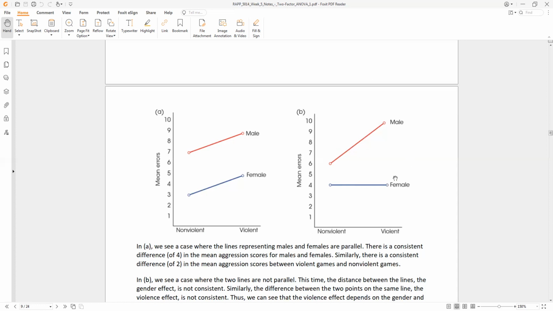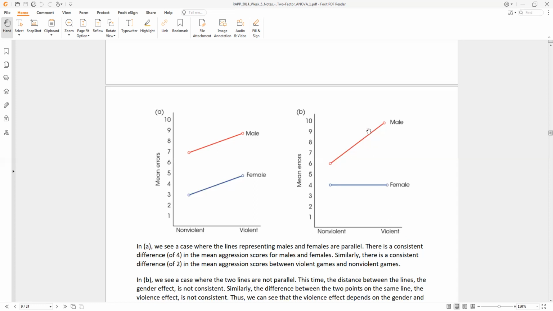In the second example, we do have an interaction. Because if we look at men versus women, yes, men have higher aggression scores than women. And if we look at violence, we can see that overall, violent games tend to have higher scores than non-violent games, but that effect depends on gender.